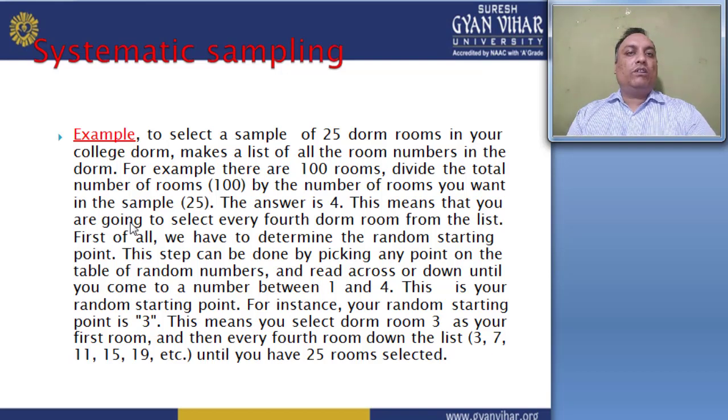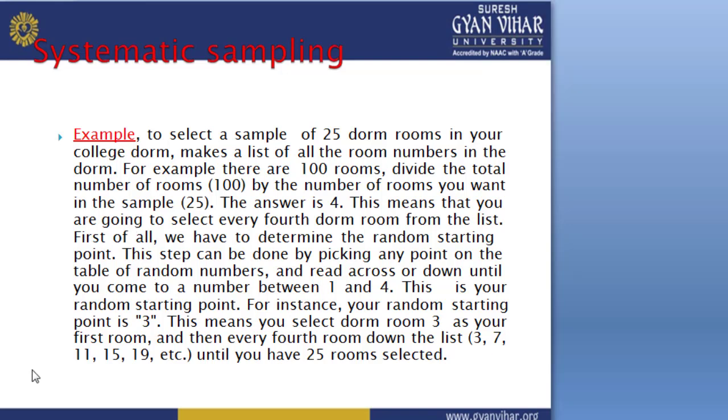For instance, if your random starting point is 3, this means that you select dorm room 3 as your first room, and then every fourth room down the list: 3, 7, 11, 15, 19, etc., until you have 25 rooms selected. So these are the different kinds of examples.